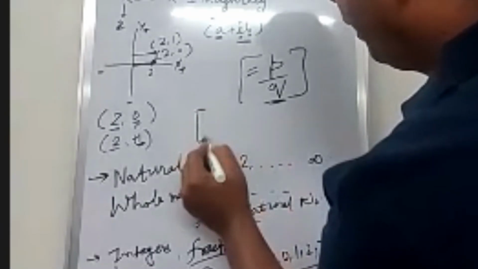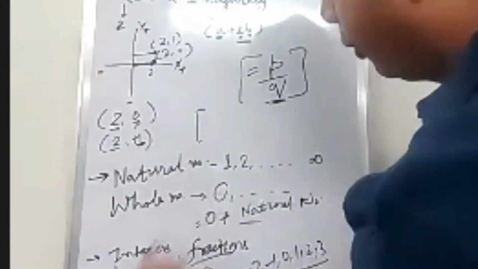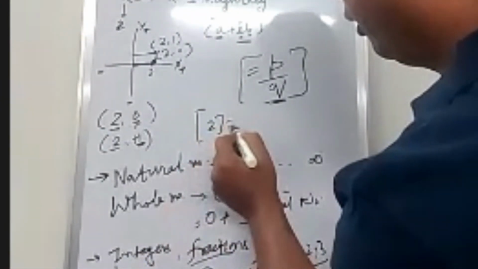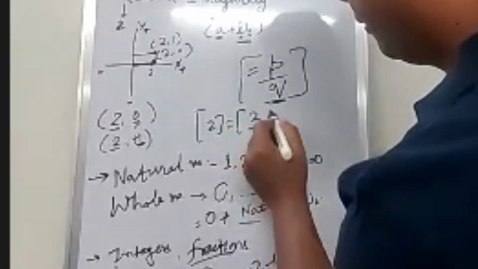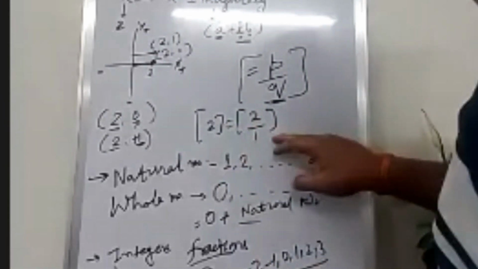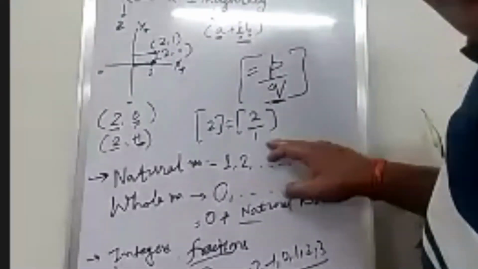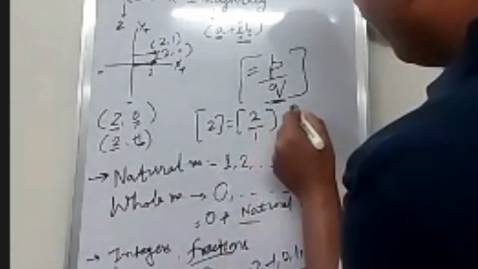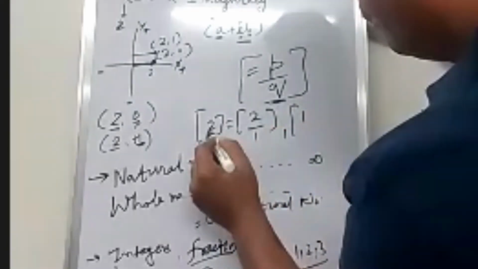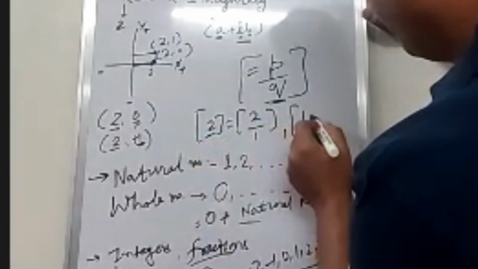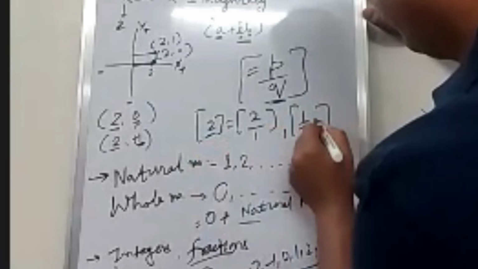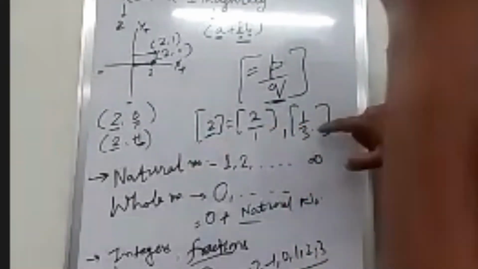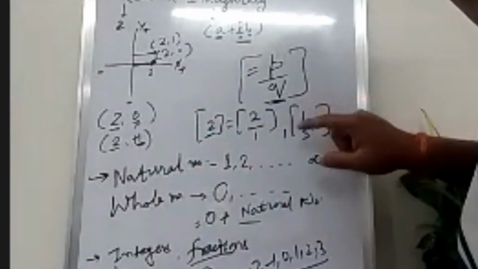So, for example, any number 2 is also an integer, right? We can write it as 2 by 1, right? 2 is also a fraction, but the denominator in this case will be 1, correct? But in case there is a fraction like 1 by 3, P and Q, they are not completely divisible, correct?